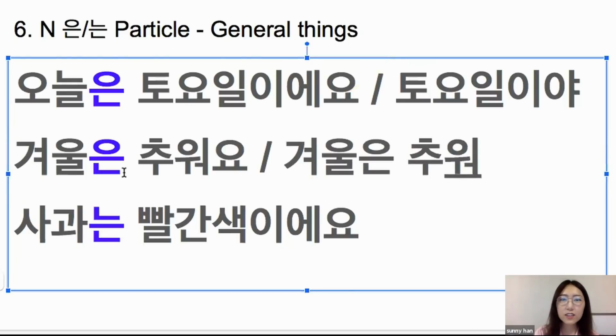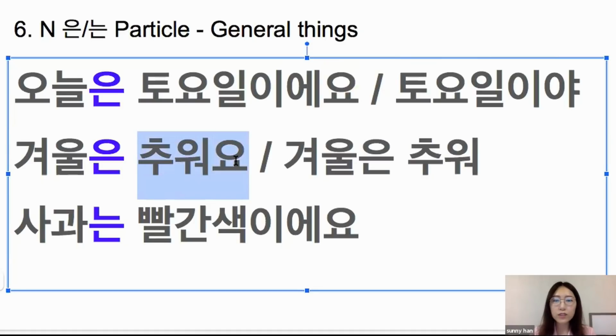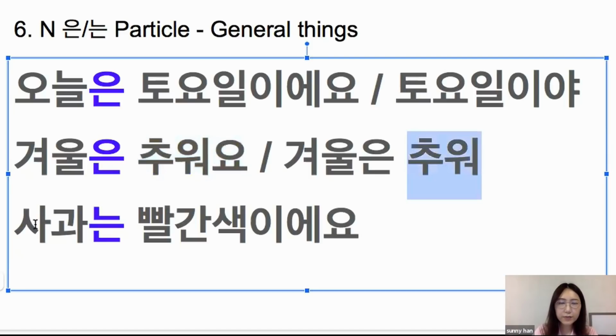So you can just use this one to your friend. When you have a conversation and it's cold, then you can say 추워요 or 추워, right? So cold, 너무 추워요. It's cold, 추워요. 추워. Okay.